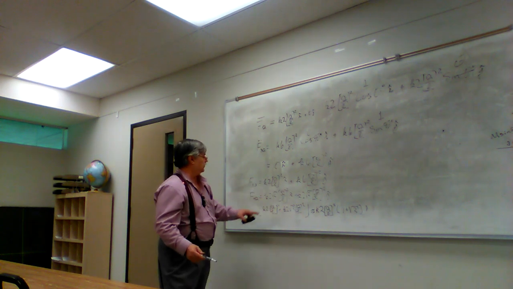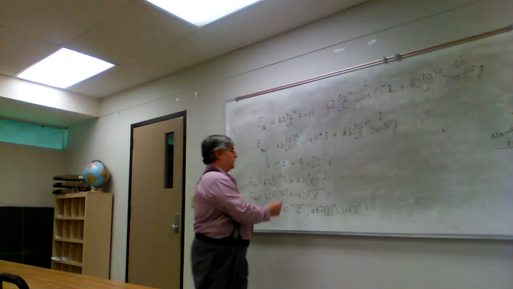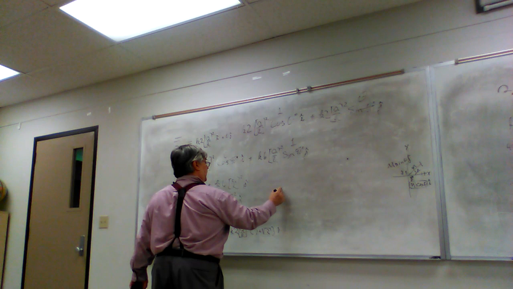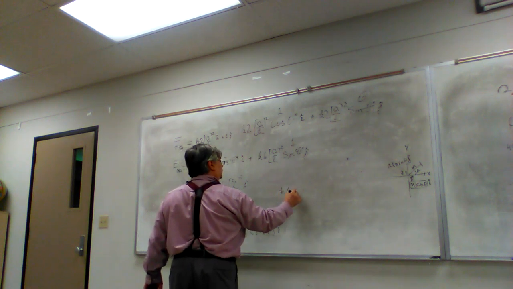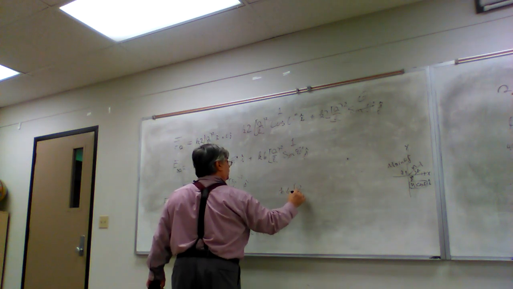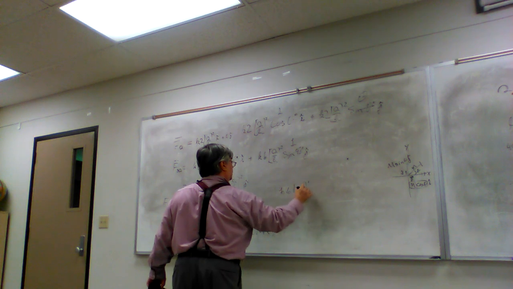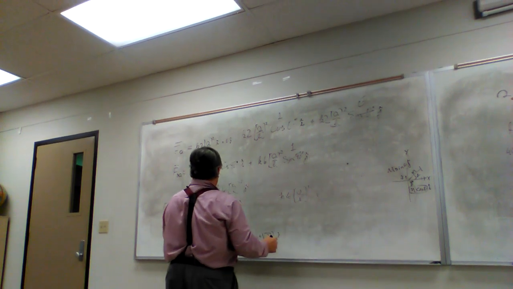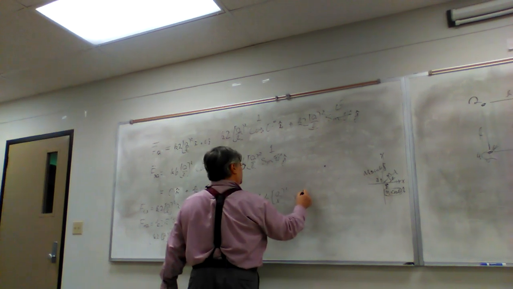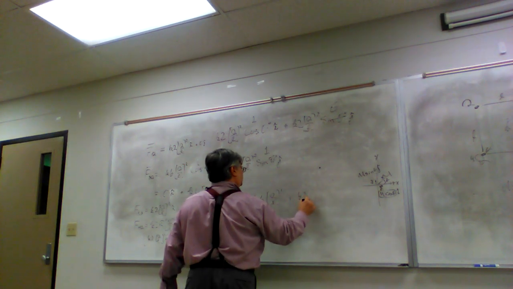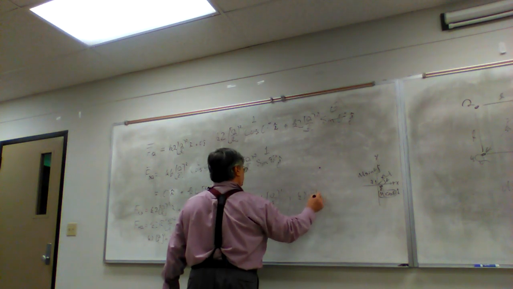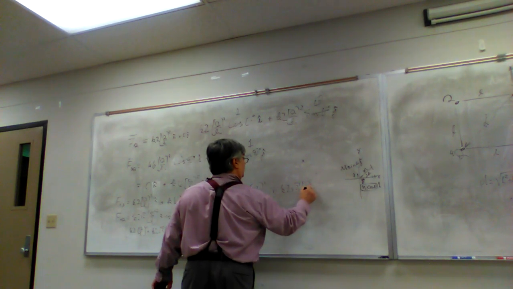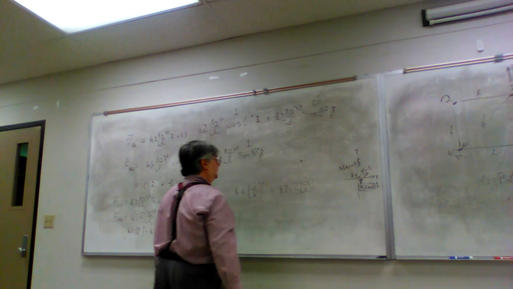That's for K2 and K2. But here for J, we've got K6 Q over L quantity squared plus K2 square root of 2 Q over L quantity squared.